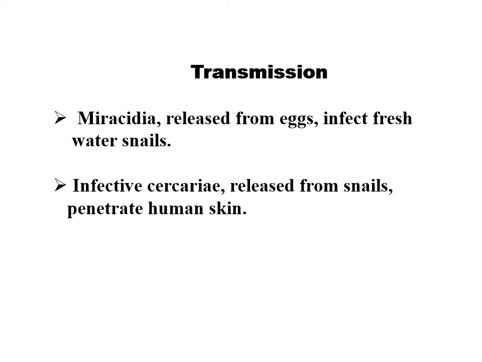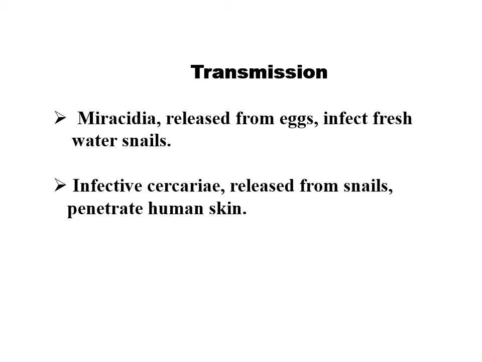When the eggs reach water, they hatch to release a swimming stage known as miracidium. So miracidia are released from eggs, and they may penetrate any snail, but they only develop in the appropriate snail host. In the case of mansoni, it is usually the Biomphalaria snail, and in the case of haematobium, it is the Bulinus snail. So different species of Bulinus snails and different species of Biomphalaria snails are vectors of haematobium and mansoni respectively.